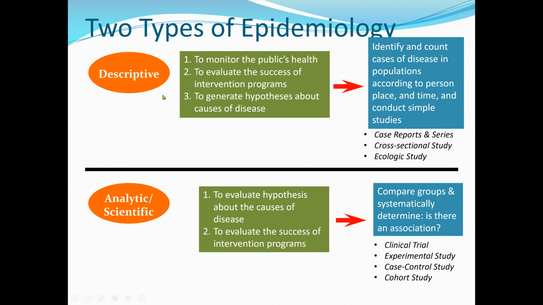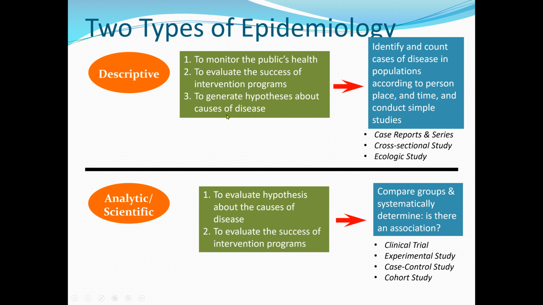Now, with the descriptive, we are not going to find why there's a relationship between a risk factor and the outcome or the disease. Also, we are not going to determine if there's any association, but rather we're going to focus on the persons, place, and time.